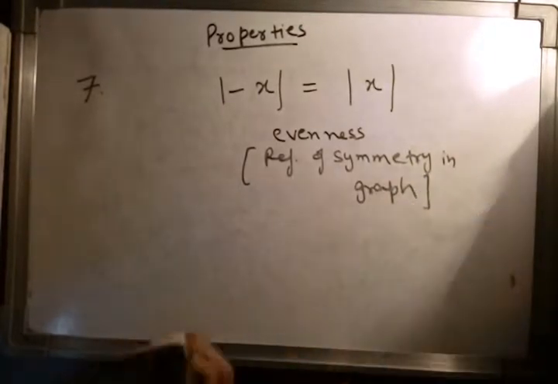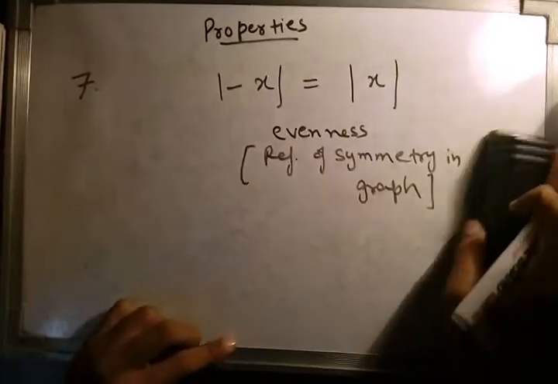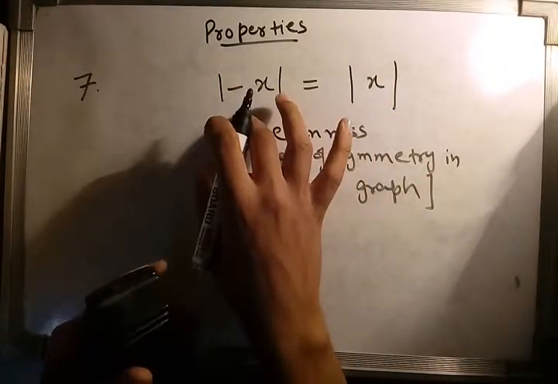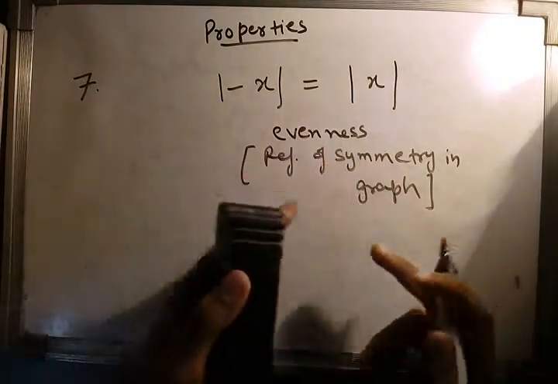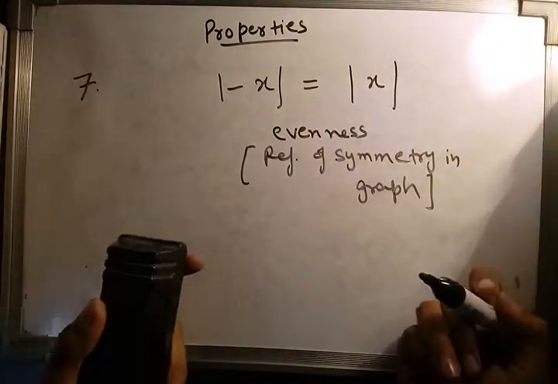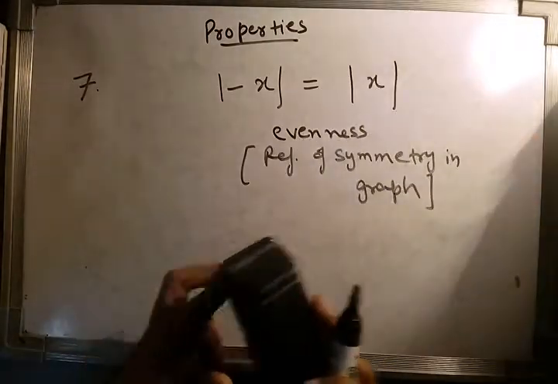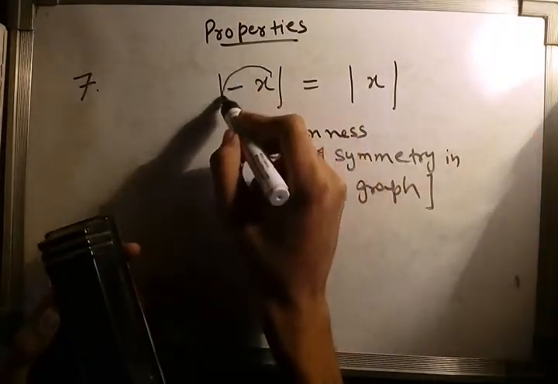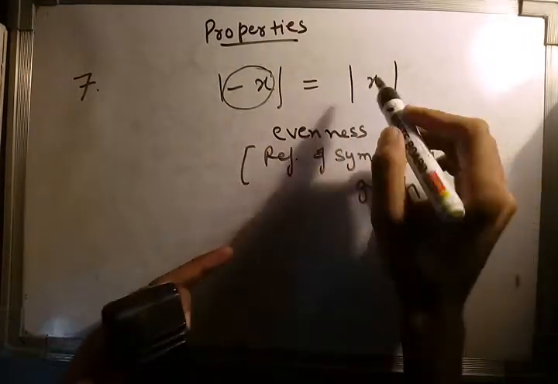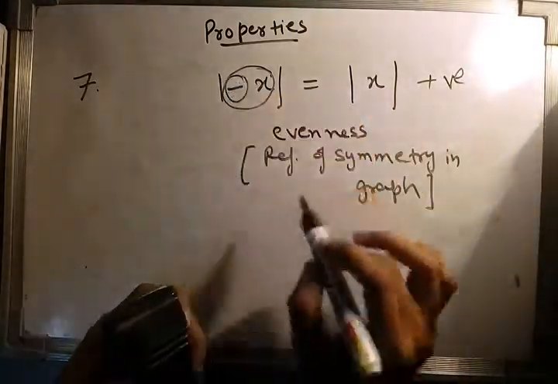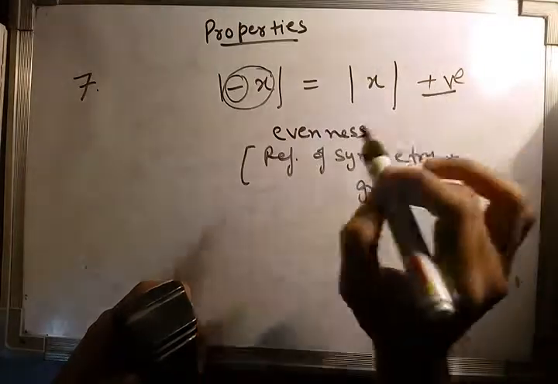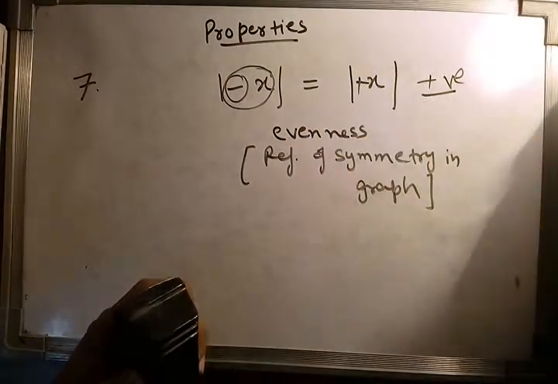I will tell you about the graph later on, but this property says that if we take the modulus of the negative of a number, it is equal to the modulus of the number without the negative sign, because no matter what sign is inside, the output will always be a positive number. So if we take minus here, we still get plus. If we take plus here, we still get plus.